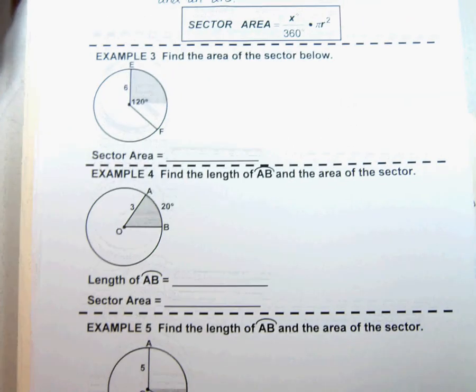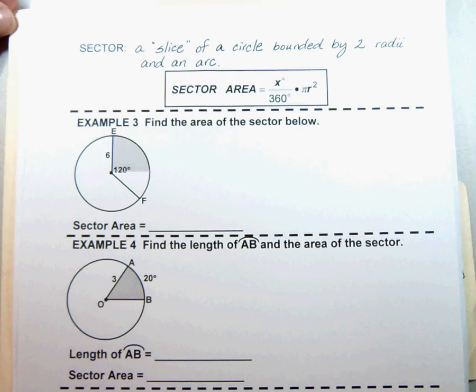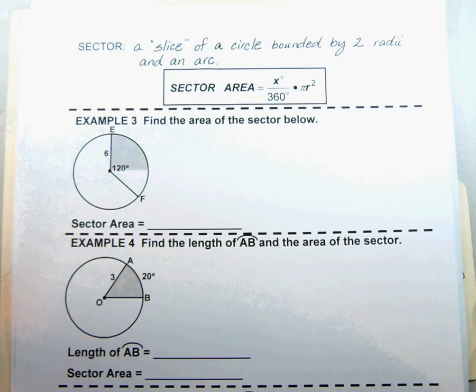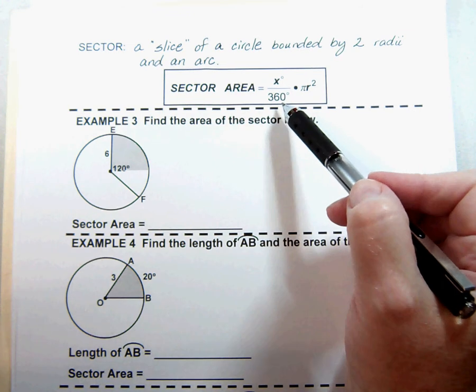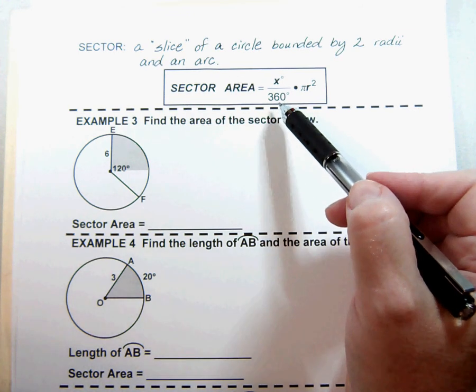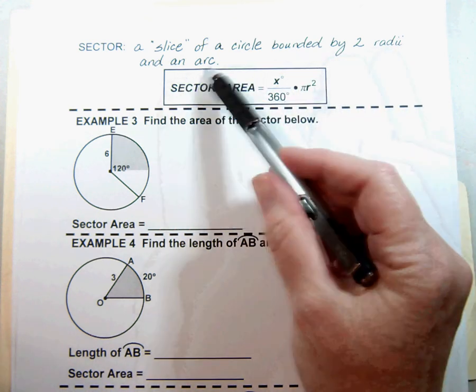Alright, the only difference in the formula for a sector is that this time you're still going to multiply by the degree of the central angle over 360, but instead of a piece of the circumference, you're getting a slice of the circle bounded by 2 radii and an arc.